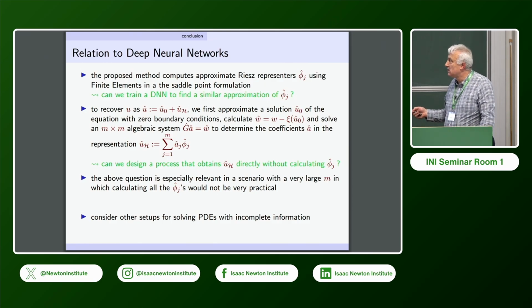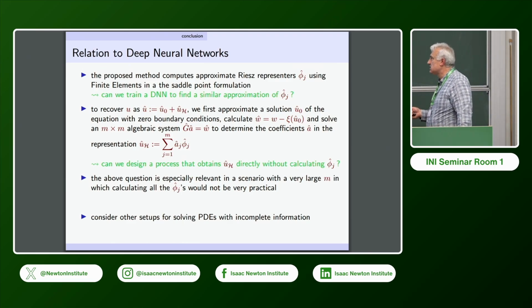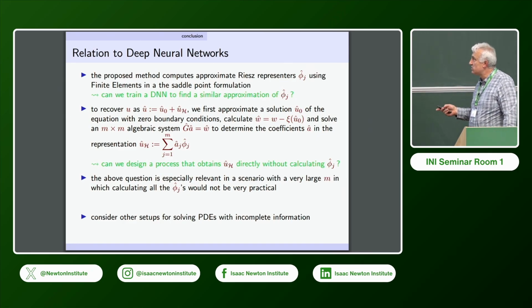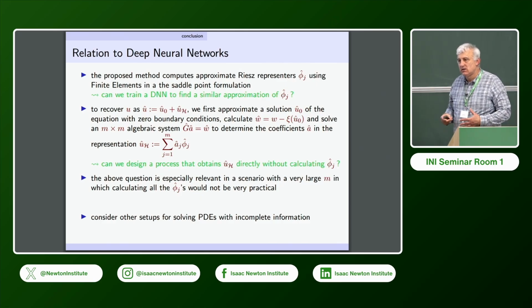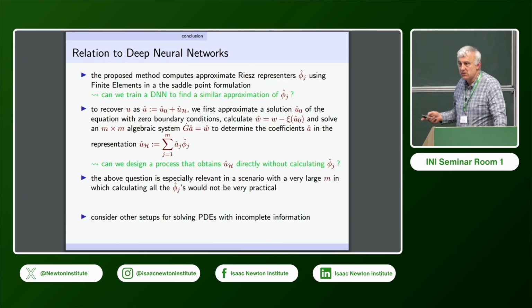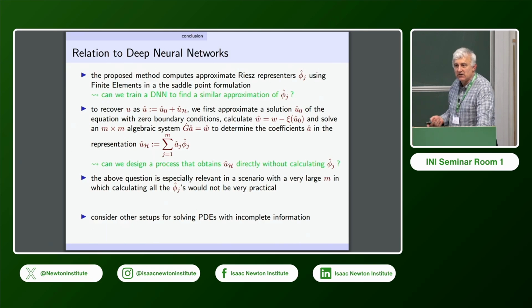So in some cases, you might think that you can train a deep neural network to find a similar approximation of that with a faster algorithm. The second thing is the process of obtaining U hat H. This solution, we went through calculating all these phi j hat, which are the Ritz representers, and they could be a lot of them, because m could be a very large number, so we could have a lot of data.